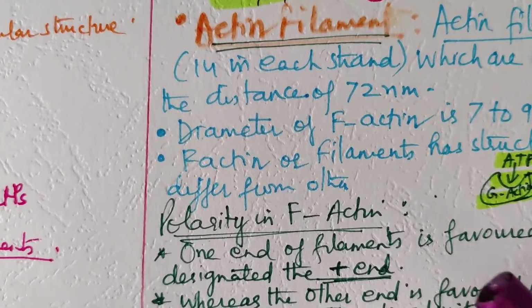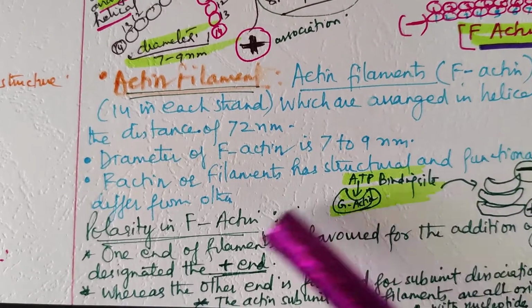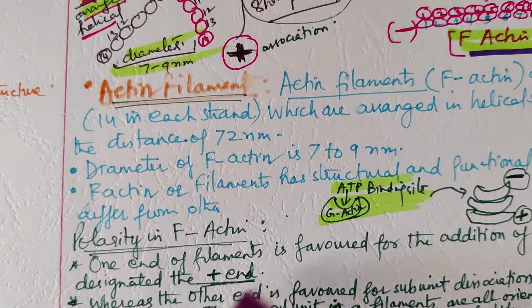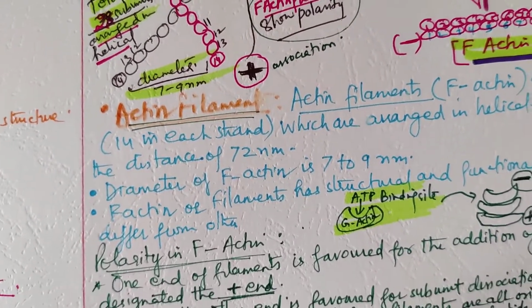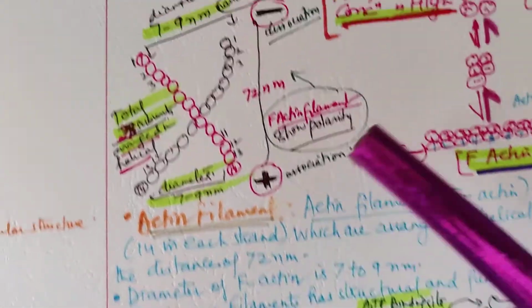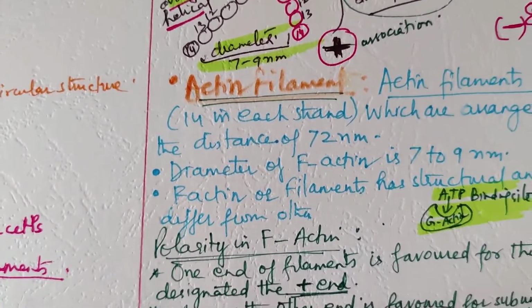The diameter of F-actin is 7 to 9 nanometers. Filaments of F-actin have structural and functional polarity. One is the positive end and the other is the negative end, which I showed here. The negative end shows dissociation, the positive end shows association.